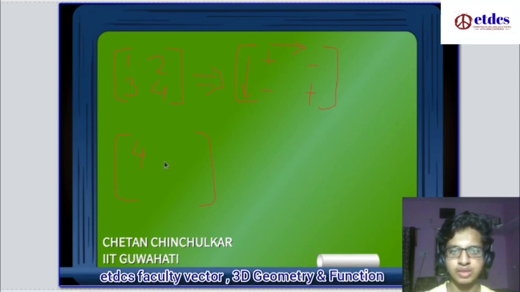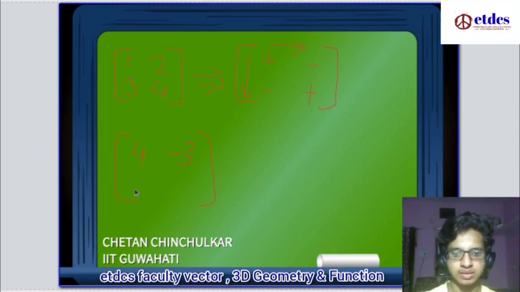Then for the first row, second column, we cancel the first row and second column, we have 3, and the sign is minus, so minus 3.